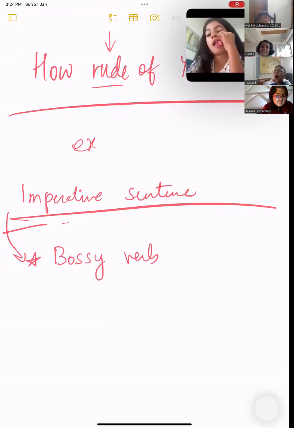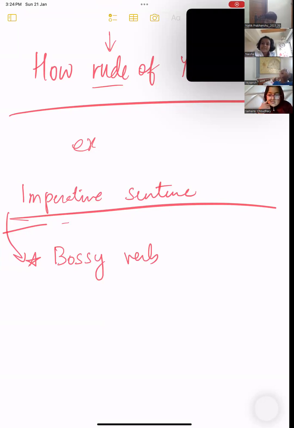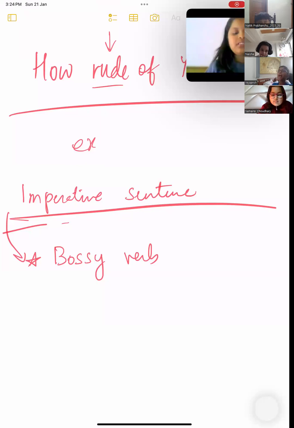Bolo. But ma'am, it can also be a normal word for a sentence. Depends. Yeah. Say, Naisha. Say now. Don't annoy me. Okay. Can you try something else? Because I will not say don't. Do not, right?